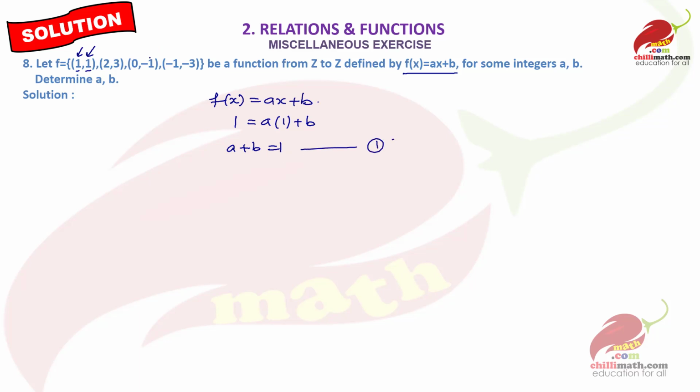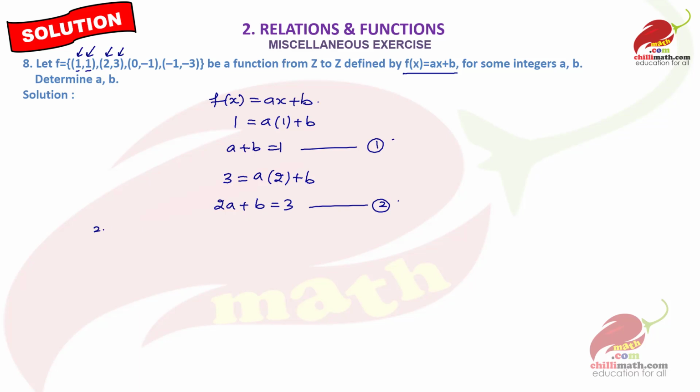(2, 3) is also there, (0, minus 1) is also there. Okay, let's use this (2, 3). So putting x equal to 2 and f(x) equal to 3, in this f(x) is 3 and x is 2. We get 2a plus b is equal to 3. Let us mark this equation number 2.